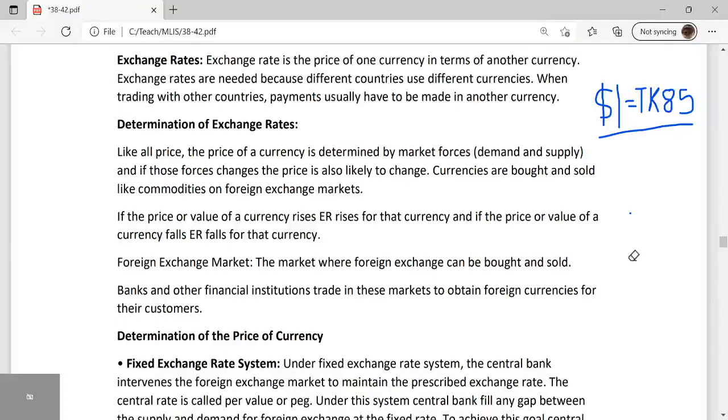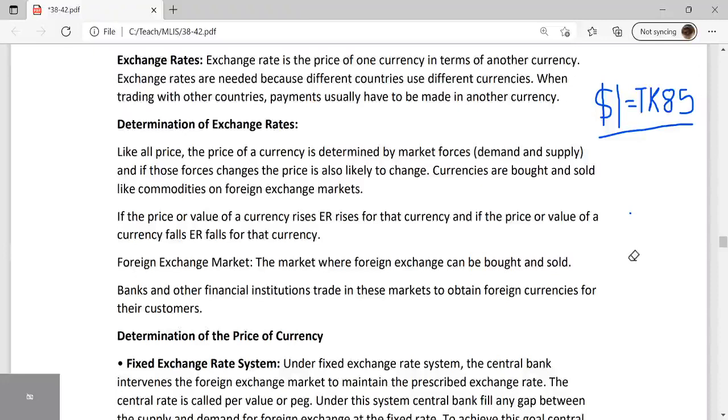Think about soft drinks or chips or biscuits or any kind of food you're buying from a restaurant or a shop. How is the price determined? Definitely with the help of demand and supply. So that's what's happening over here as well. When the demand rises, the price rises, right?